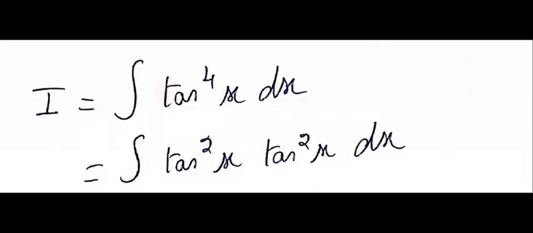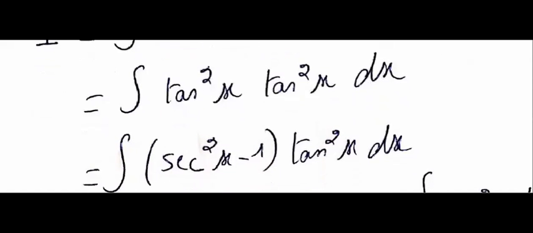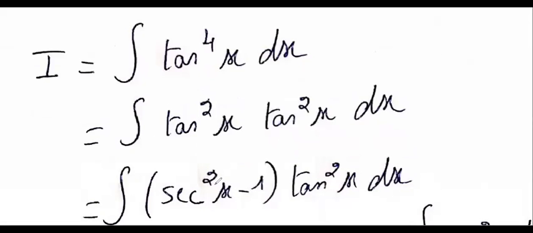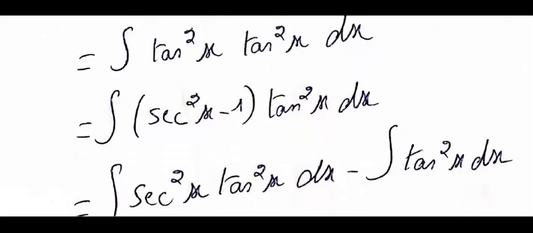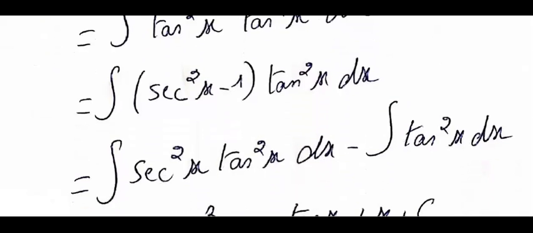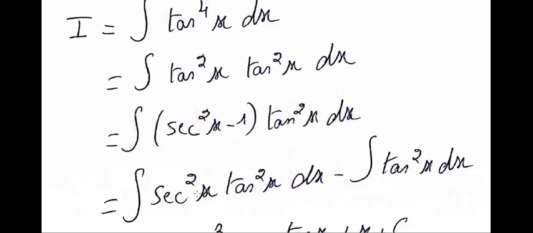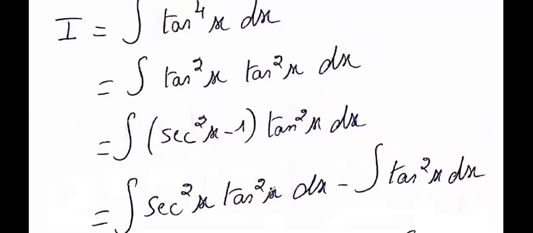So one of them, I write as secant squared minus 1. So now I have the integral of secant squared minus 1 times tangent squared, which I expand, and I get the integral of secant squared tangent squared minus the integral of tangent squared.